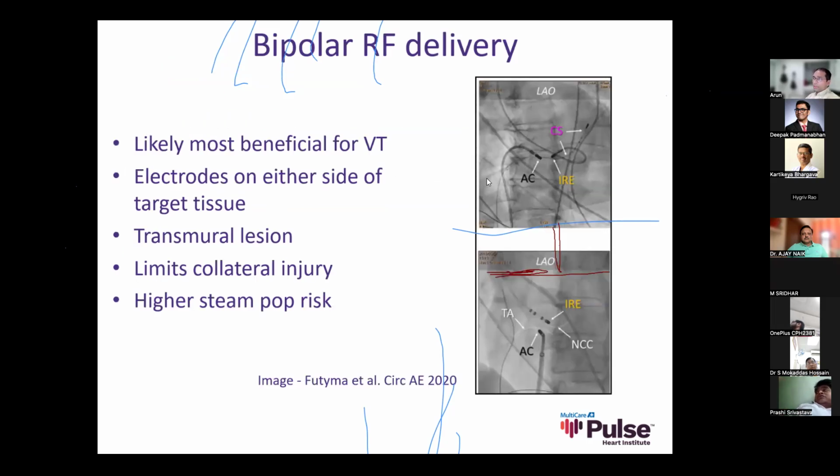How do we ablate? What is the concept of bipolar RF delivery? So it's probably most beneficial for VT. What we do is you have an ablating catheter and then you have a return catheter, and the return catheter is connected to the generator. So instead of having a grounding patch, the return electrode is actually right next to your chamber in the heart. So if you have a septal VT, you can put a catheter on either side and then you can create a transmural lesion.